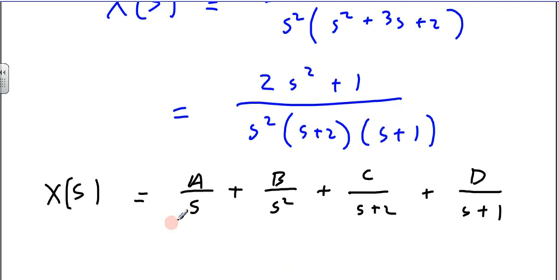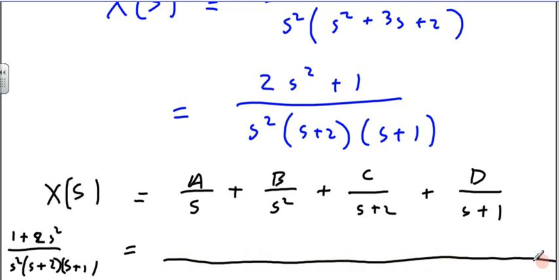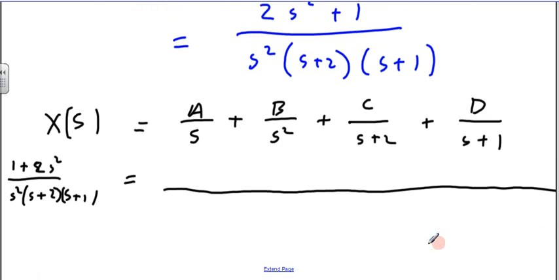So now I've got 2s squared plus 1 over s squared, s plus 2, s plus 1 is going to equal, I want to put everything on the same denominator. I'm not going to have enough room to do that, am I? Yeah, well, maybe I can write small. So I've got s squared, s plus 2, s plus 1 on the bottom.